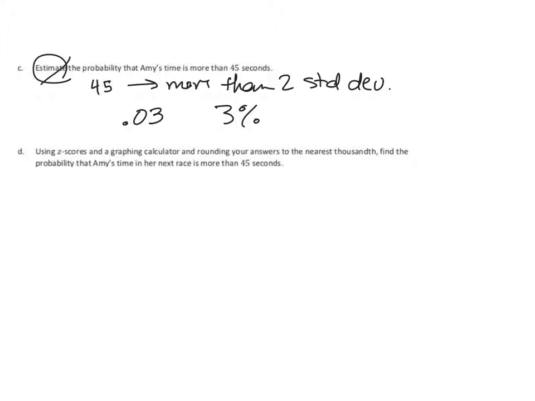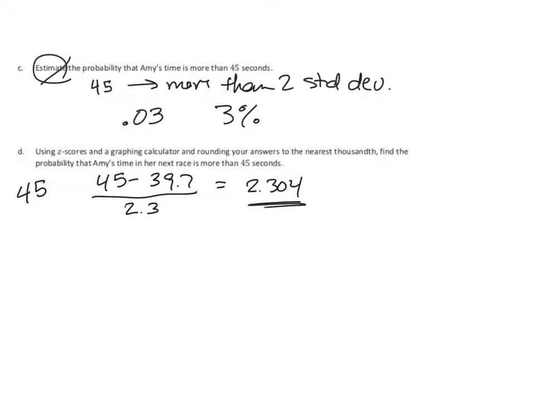Using z-scores and a graphing calculator, let's calculate it ourselves. So the z-score for 45 is 45 minus the mean over the standard deviation, and that gives us 2.304. Now this problem's asking us to find the probability that Amy's time in her next race is more than 45 seconds.